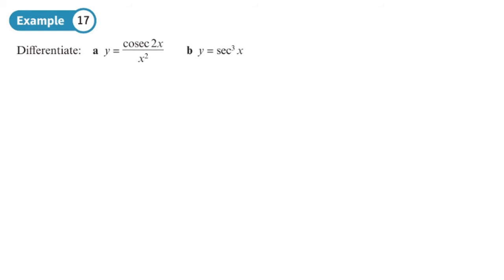Right, so here we have y equals cosec 2x over x squared. So we have a quotient, u is cosec 2x, and v equals x squared.